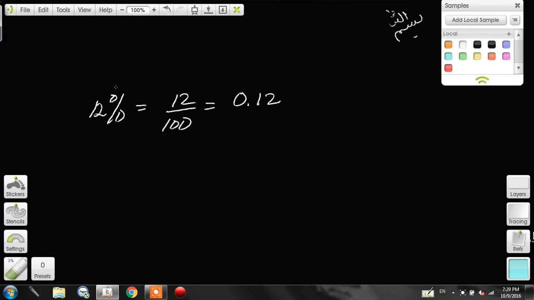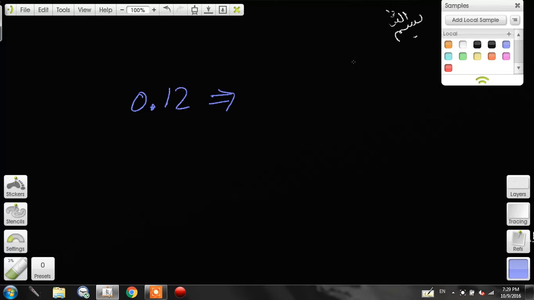So it's pretty easy to go from here, but we should be very comfortable also going backwards like this. Okay, so when somebody says 0.12, another way of writing this same number is 12%, right?